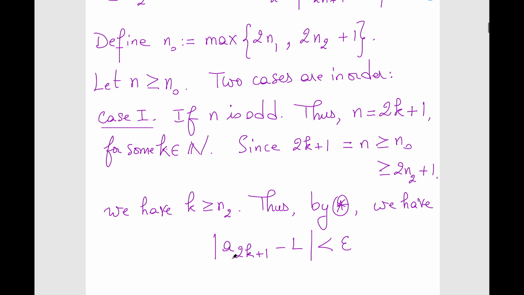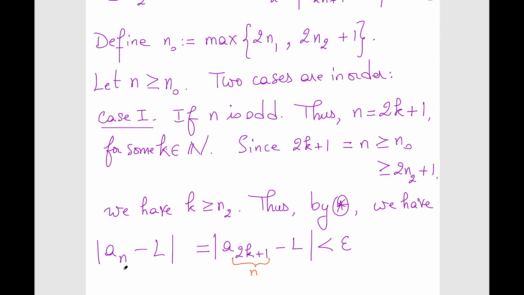It's the n that we have, right? So this is n. So we can write this, that this is equal to the absolute value of a n minus L, right? a n minus L.